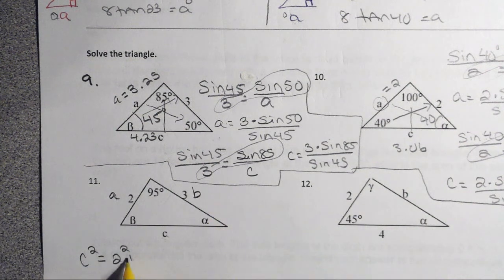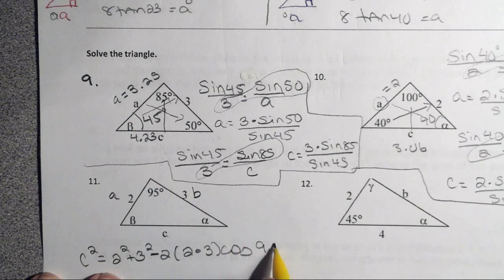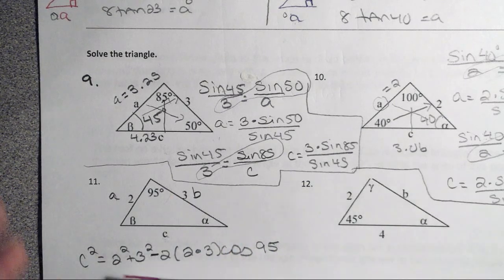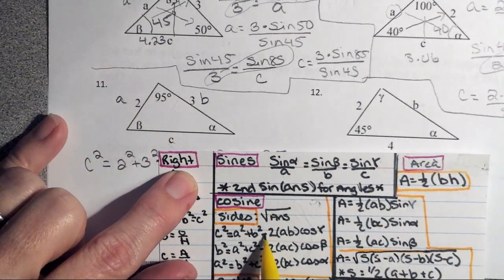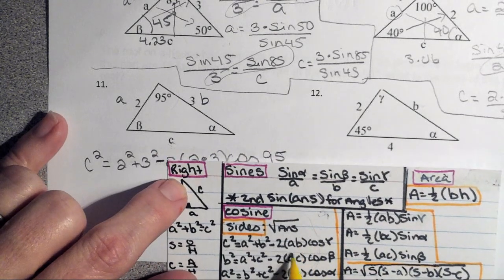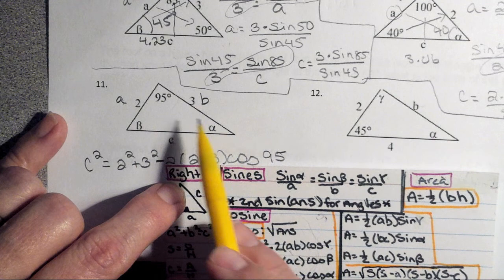So we have 2 squared plus 3 squared minus 2 times a times b times cosine of the angle in the middle. Okay, so again, all I did was use the formula that we wrote down right here. A squared plus b squared minus 2 times a times b times cosine of gamma. Gamma is the one in the middle.